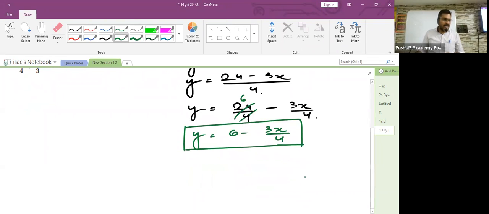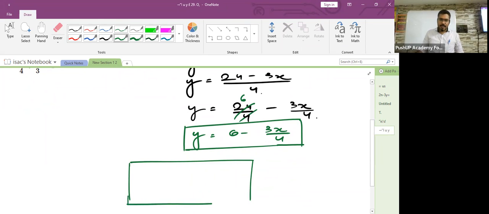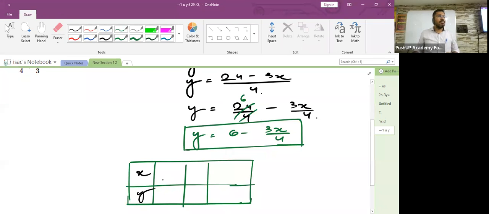Now, let's prepare the table. Variable x, variable y. I think you all are going to take x is equal to 0. So y will be how much? 6 minus 0, 6. Isn't it?